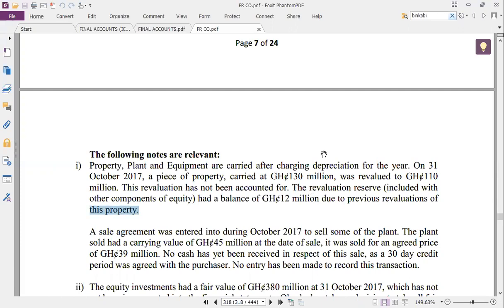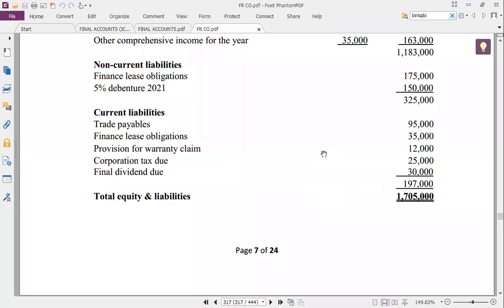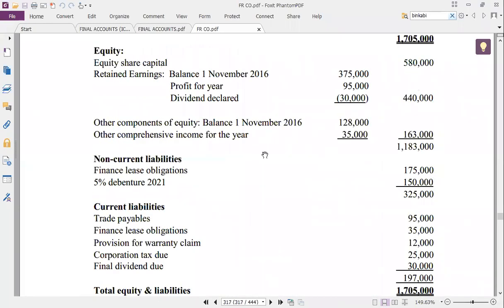So first, wherever this revaluation gain is, you have to go there and reverse it. The gain is included in the other component of equity. It's inside this figure, other component of equity and other comprehensive income for the year.